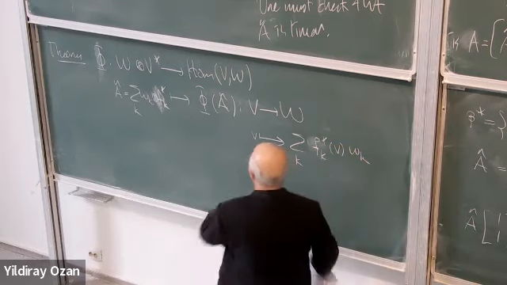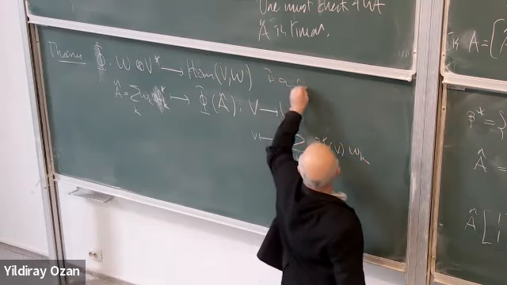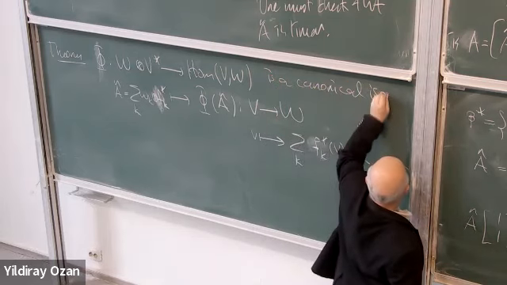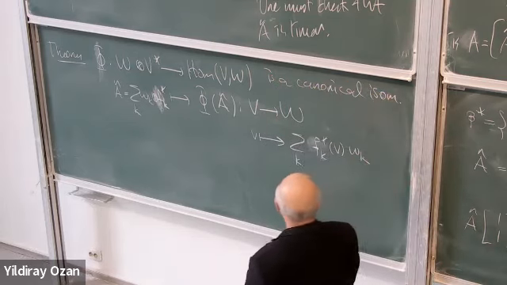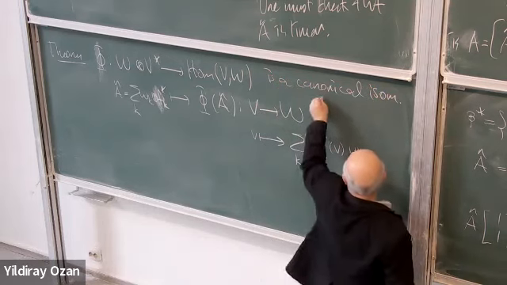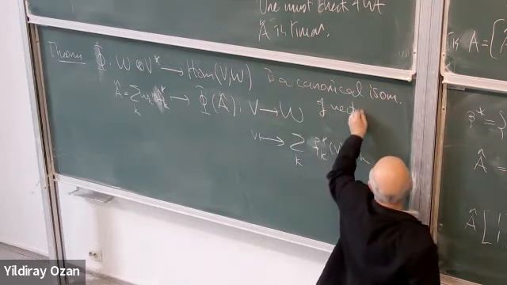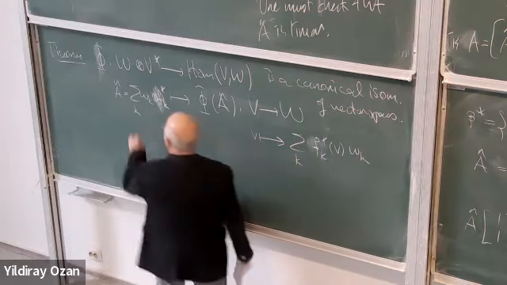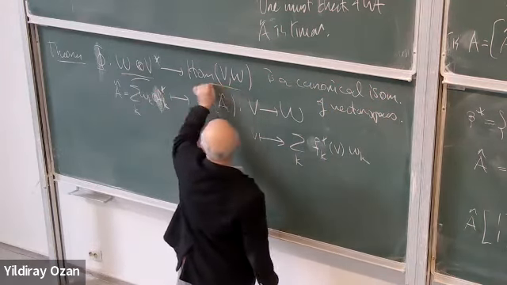So this is a canonical isomorphism, an isomorphism of vector spaces. Which vector spaces? This vector space and this vector space.